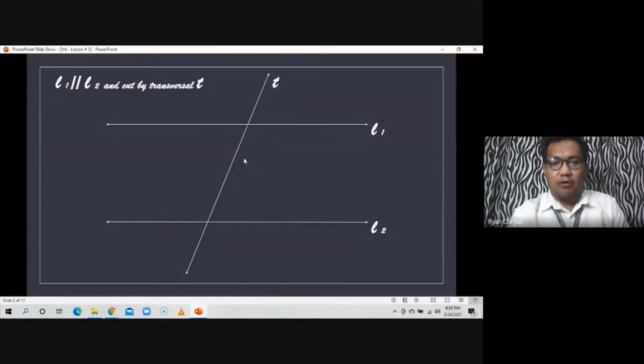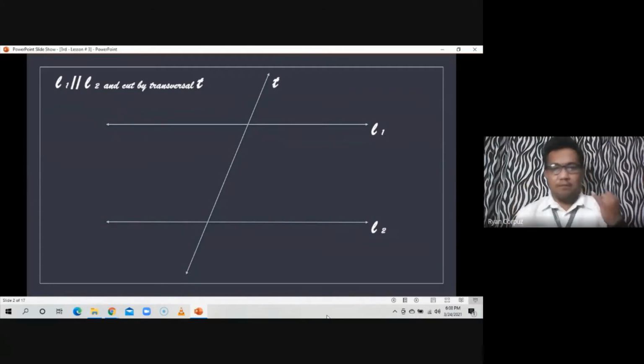So itong angle na to, together with this angle, they are called as interior angles on the same side of transversal. The fifth is we have what we call exterior angles on the same side of transversal, because we do have interior, we do have also exterior. So if this is your transversal, yung mga nasa labas naman yun. If this is your angle, ang kapair niya dapat is this angle for us to say that they are exterior angles on the same side of transversal.